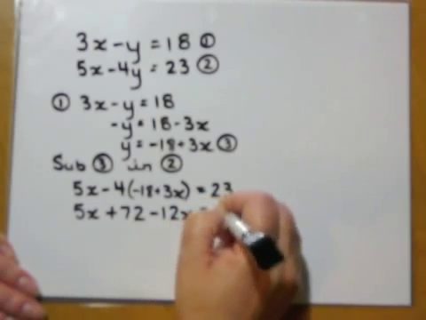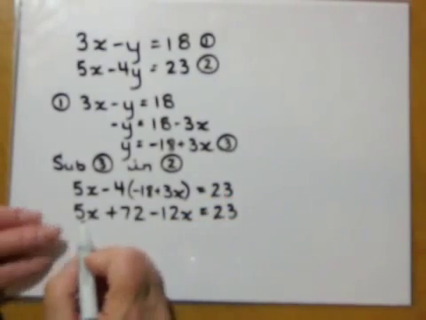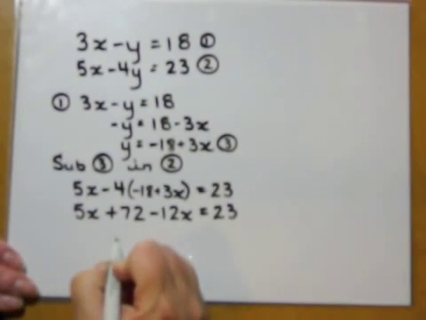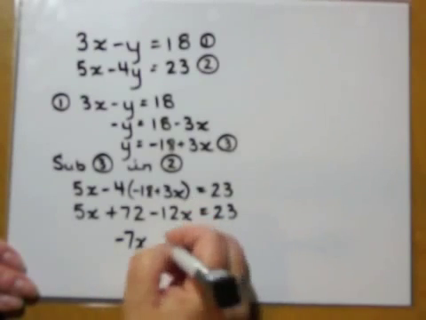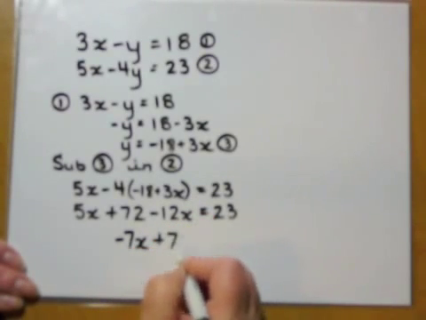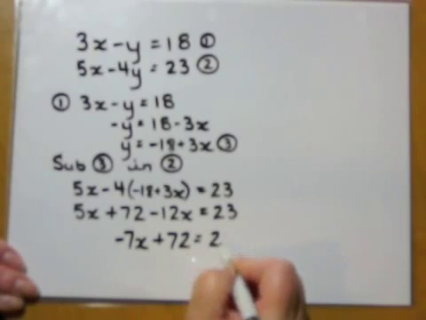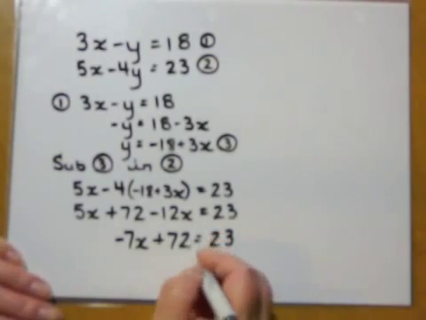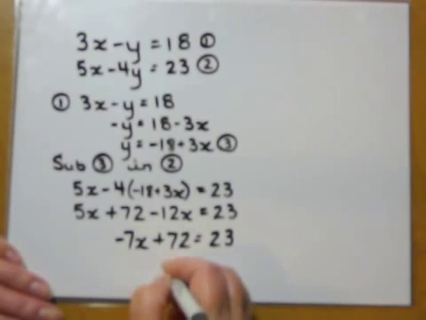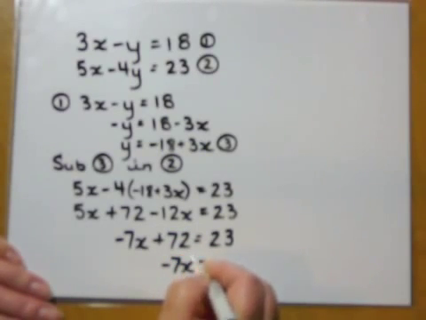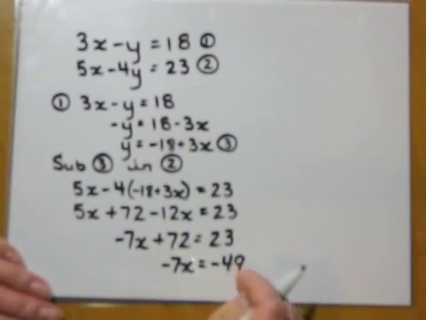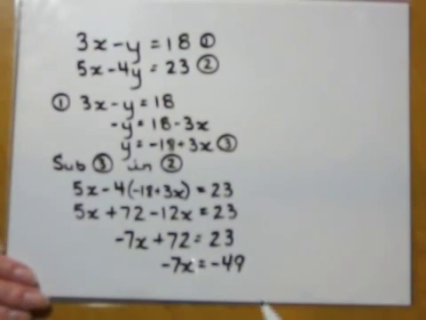That's going to equal 23. 5x and negative 12x can combine and give me negative 7x. I still have this plus 72 equals 23. Now I want to subtract 72 on both sides. When I subtract 72 on both sides, that leaves me with just negative 7x on this side. And on this side it gives me negative 49. That's 23 subtract 72 is negative 49.